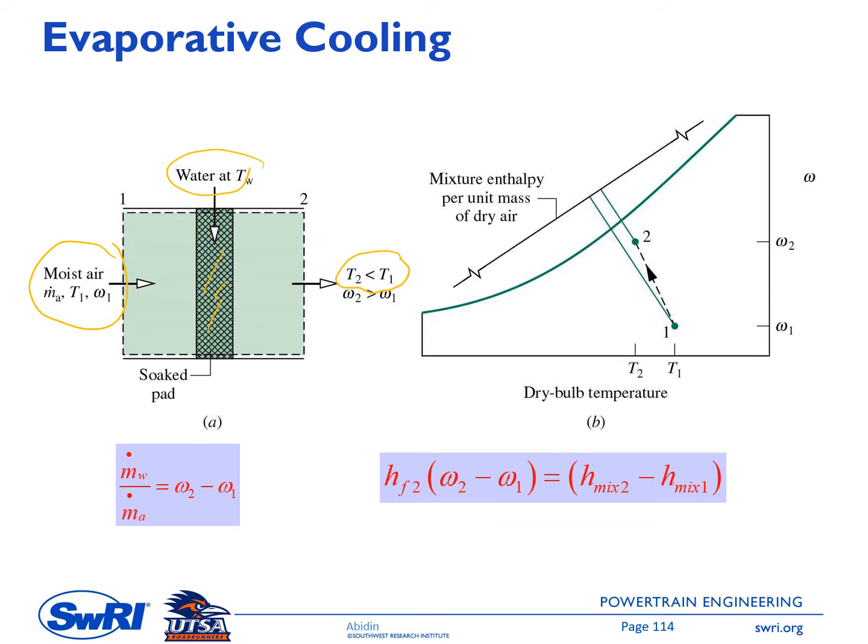So we have state 1 here, and then go to state 2, the omega increases, and the temperature decreases from T1 to T2. And this is the estimated water that is needed to get a lower T2. So the water mass flow over the dry air mass flow equals omega 2 minus omega 1, and this is the energy balance.